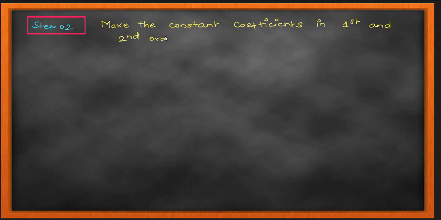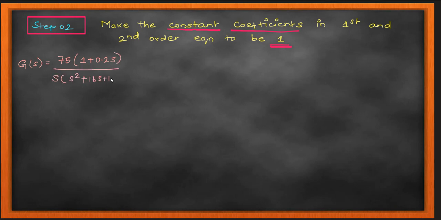Then step two is to make the coefficients constant in the first and the second order equation. What do we mean by constant coefficients? The coefficients that do not contain any s terms, s to the power of 0. Here, in 1 plus 0.2s, the constant coefficient term is already 1, so I don't have to do much with that.